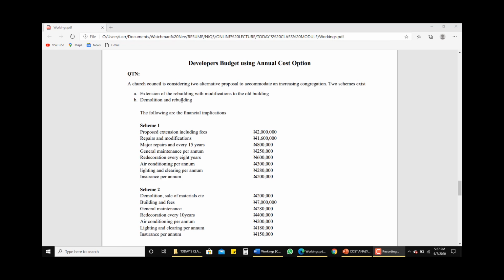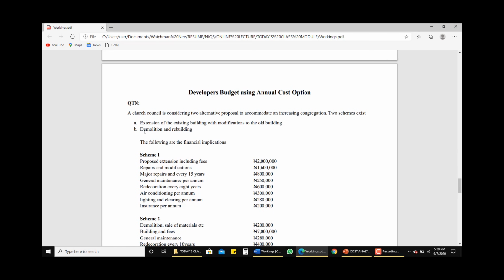We also have another question, and the question says a church council is considering two alternative proposals to accommodate an increasing congregation. Two schemes exist. Scheme 1 is extension of the existing building with modification to the old building. So they want to extend the existing building with a little bit of modification to the old building.